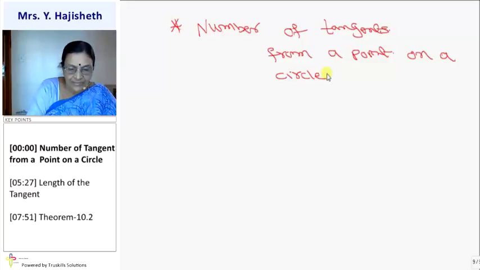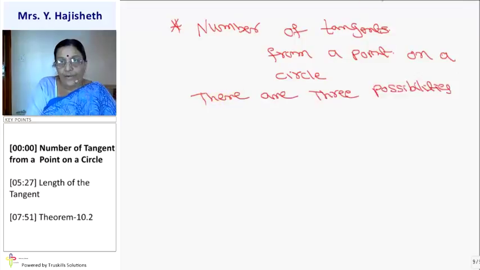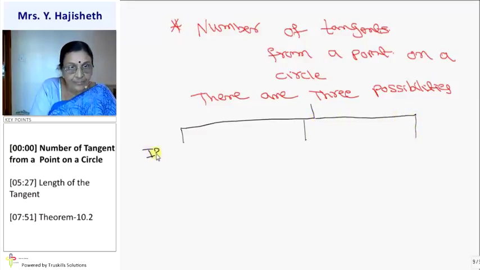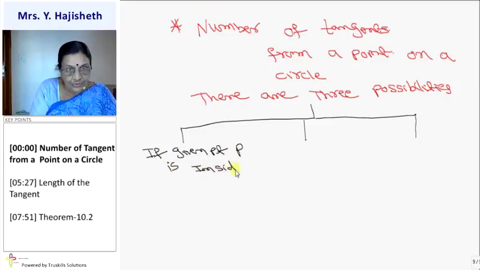Now there are three possibilities. The point can be inside the circle. If the given point P is inside the circle, from where tangents are to be drawn to the circle.